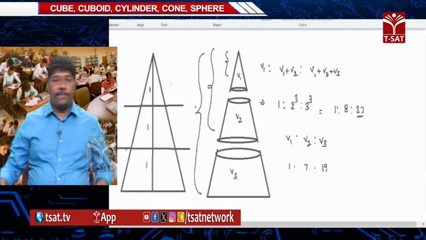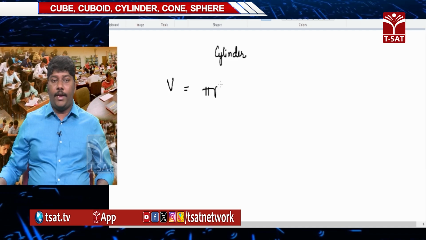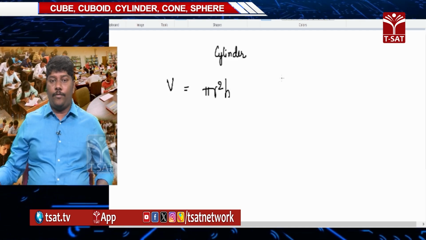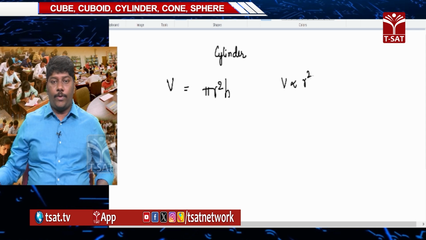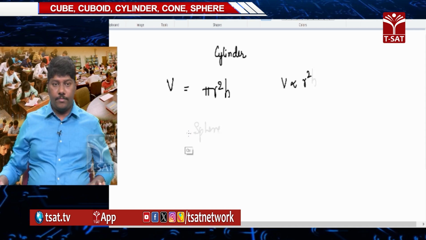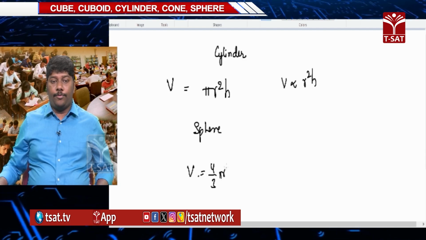Now, volume of a cylinder is pi r square h. Here the variables are r and h, therefore volume varies directly with r square h. If I take the volume of a sphere, volume is 4 by 3 pi r cube.